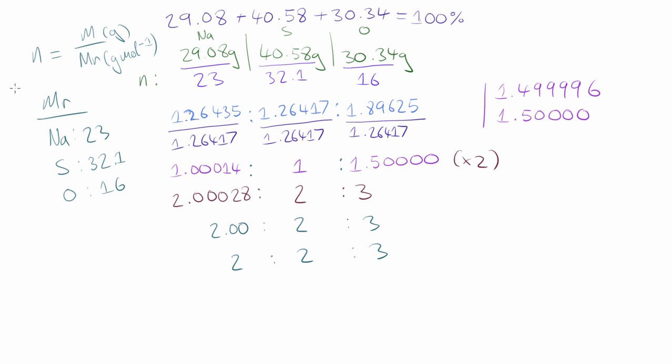And therefore, as you can imagine, associated with the sodium would be a 2. We anticipate a 2 associated with the sulfur, again a 2 associated with the oxygen, and here we see a 3 associated.